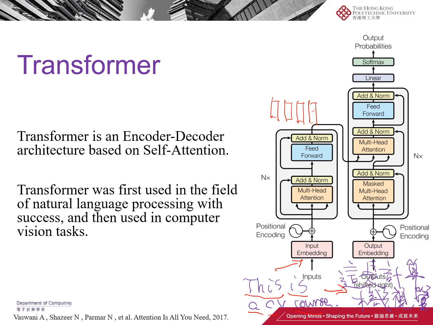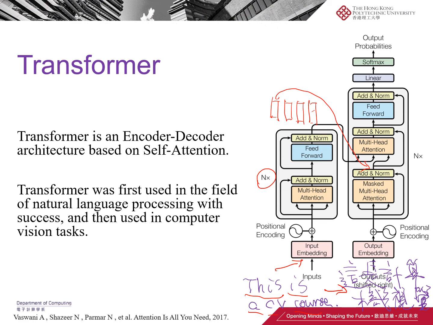Then we will input each of those words. This self-attention process can be used n times. You can repeat that process. And then we will use each of those words as an input for the decoder part.